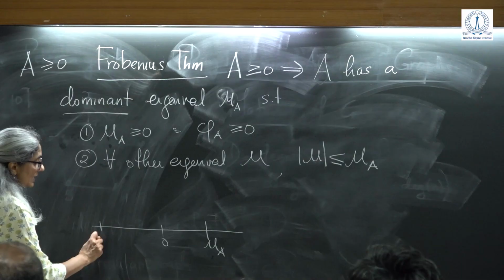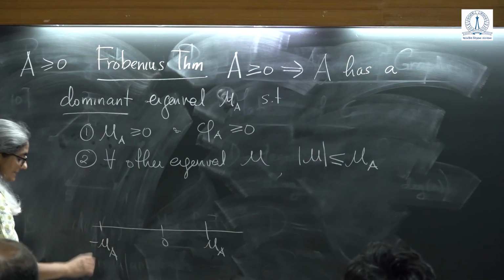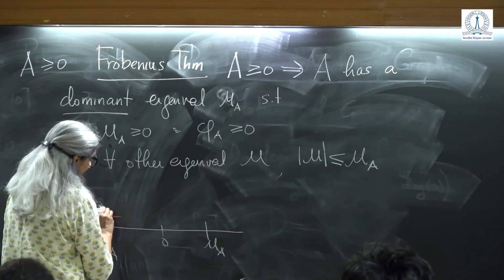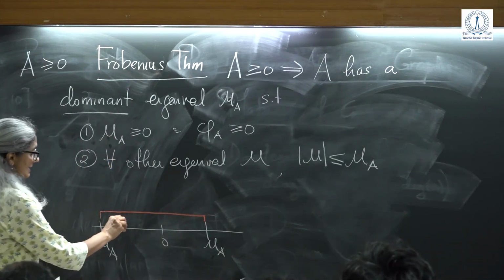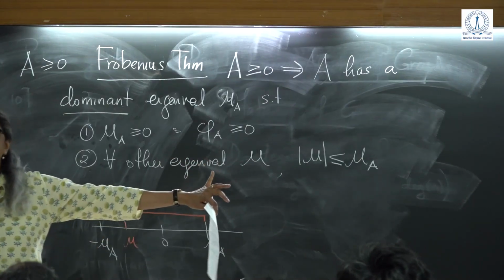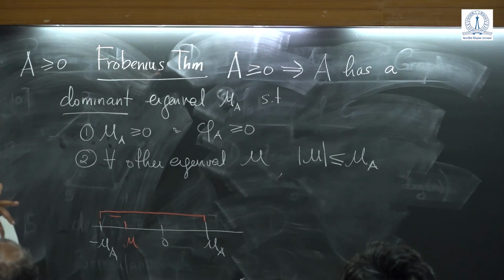If you draw a picture, here's the origin, mu A is here, and somewhere there is minus mu A. The second piece is telling you that all of the other eigenvalues are inside this range. So if you have any other eigenvalue mu, it must lie between minus mu A and mu A. There's a bound on the absolute value of any other eigenvalue. Good? This is Frobenius.